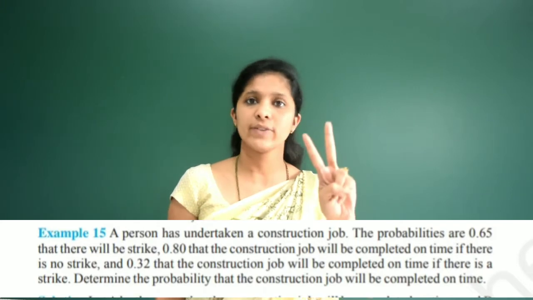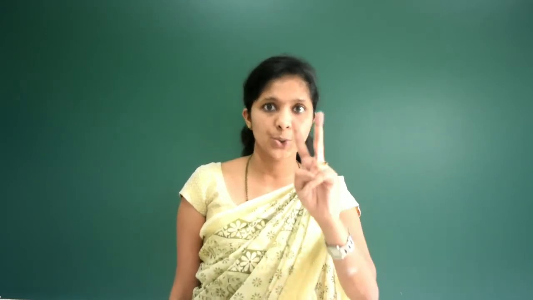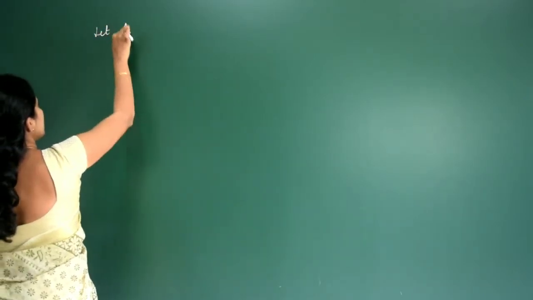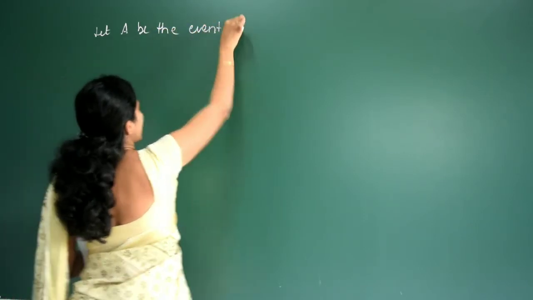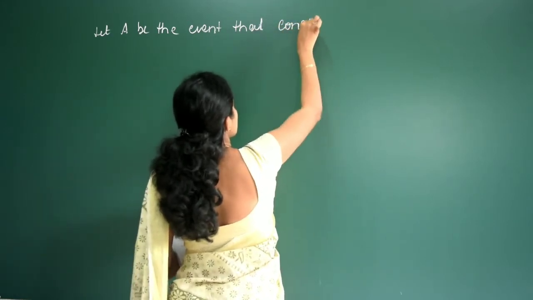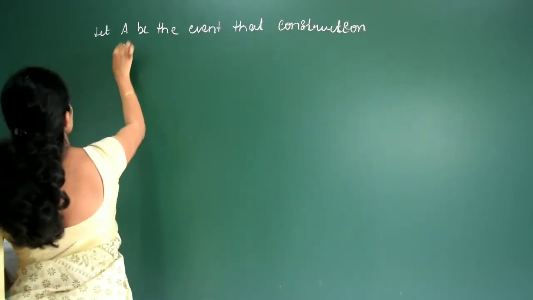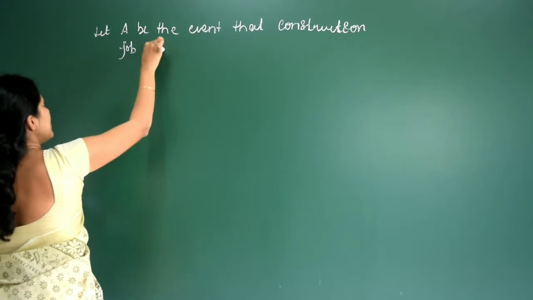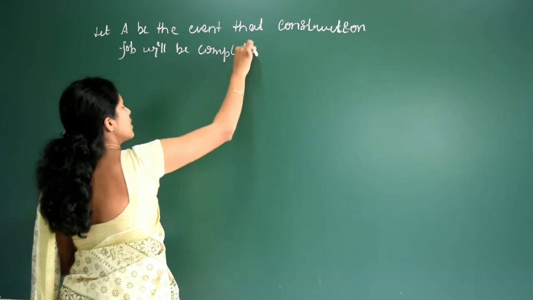So here two events are given. One is the construction job will be completed on time. Second one is whether there is a strike or there is no strike. There are two events. So let us consider, let A be the event that the construction job will be completed on time.